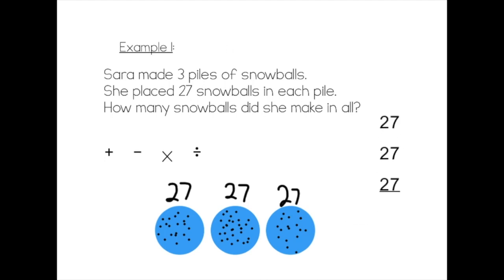I could also have a multiplication problem. If I have 27 and I'm putting 27 in 3 different piles, my equation could also be 27 times 3. So when you are writing out your equation, there's more than one way that you can do it, but the important part is that you find an equation that you gather from the information you've been provided.